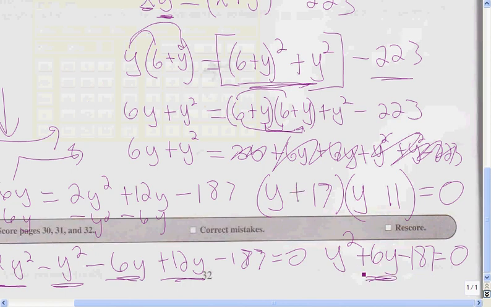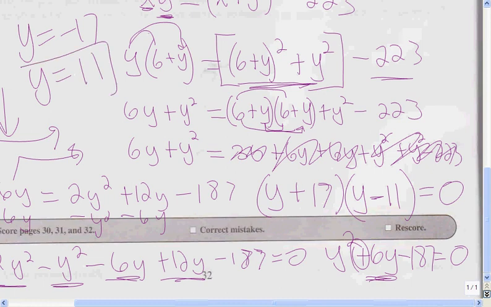I'm going to make the bigger one positive because I want a positive middle term, and the smaller one negative. So now I could solve my answer. I'm going to get two answers, y equals negative 17 and y equals positive 11.